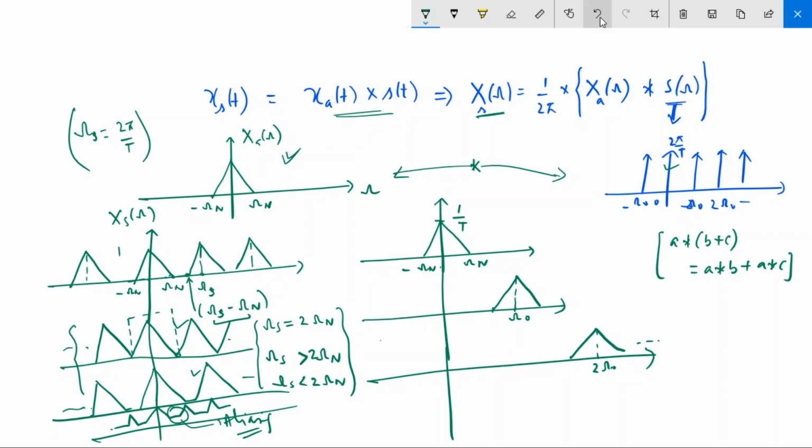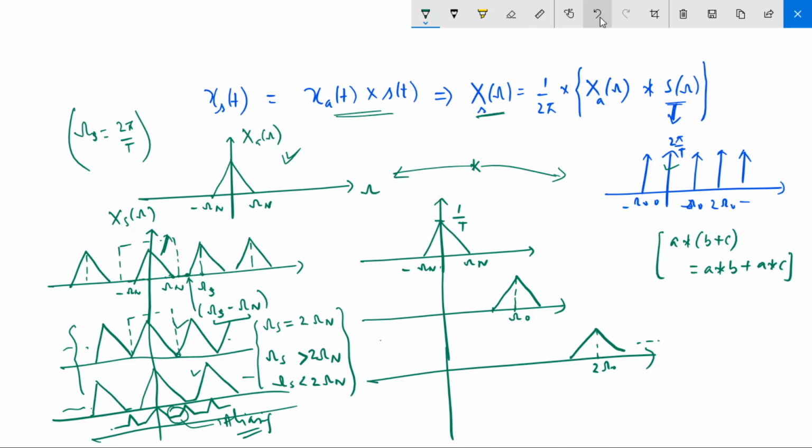With a low pass filter with a cutoff frequency between these two points, I will extract this spectrum and recover my signal back. But from this spectrum, you cannot recover the original because the spectrums are now overlapped, so you cannot remove it. You have no option to recover the signal from the sampled signal, but in these two cases, you can easily recover it.